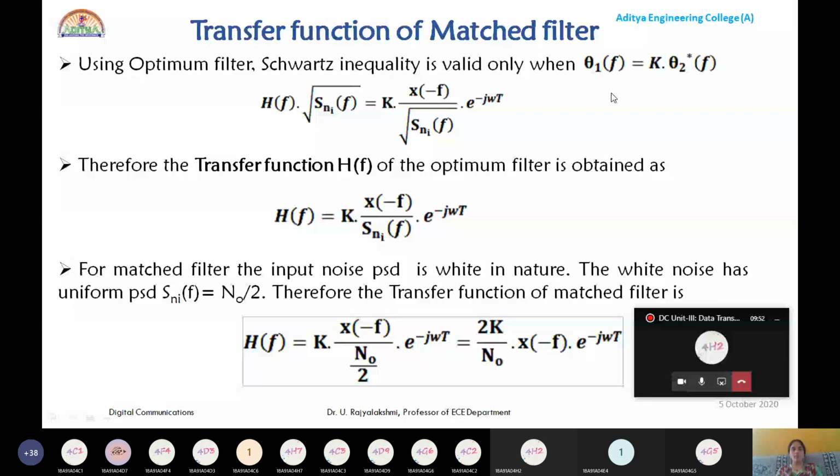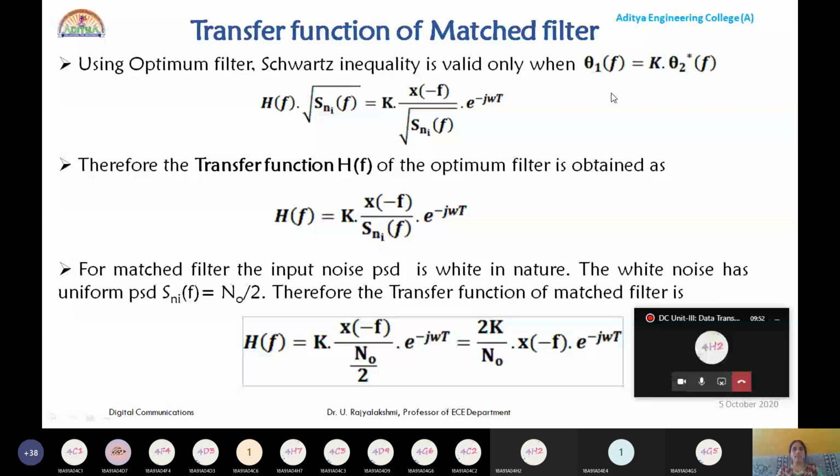We just took the same transfer function expression and replaced the input noise power as n0 by 2, because the power spectral density of white noise is uniform, assumed as n0 by 2.